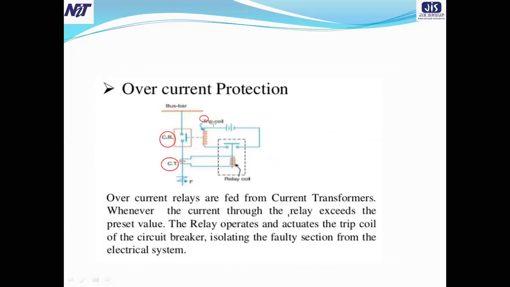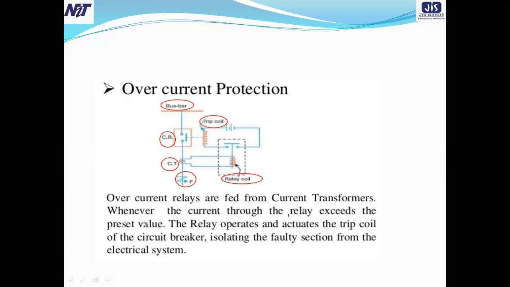This indicates the trip coil, then the relay coil, and the whole system is connected with a bus bar. Now the fault occurred in this position, denoted by F, fault. So these are the main equipment connected with the system. Overcurrent relays are fed from the current transformer.